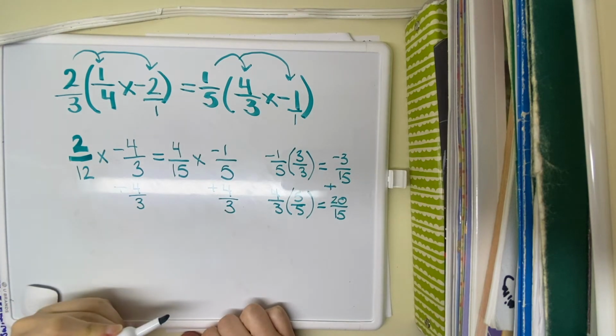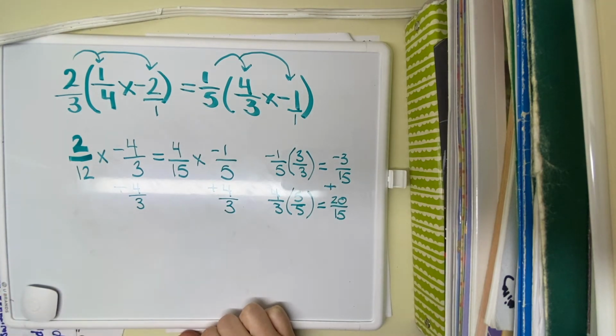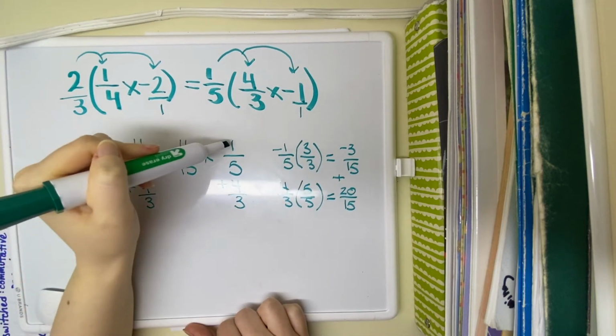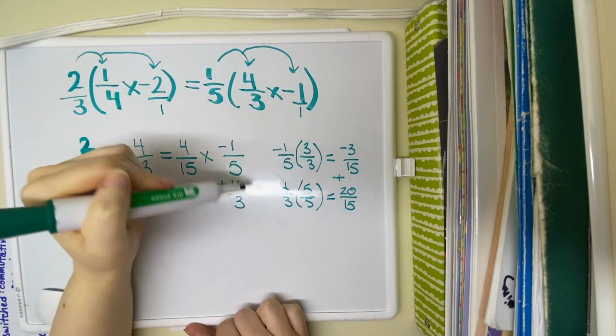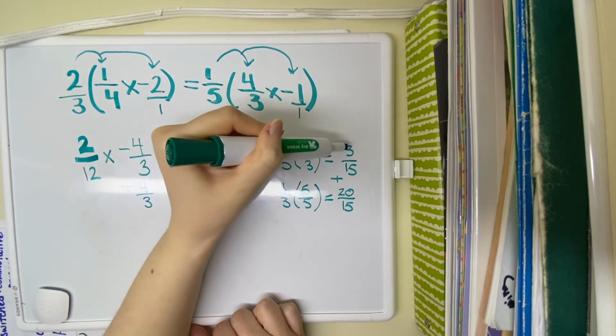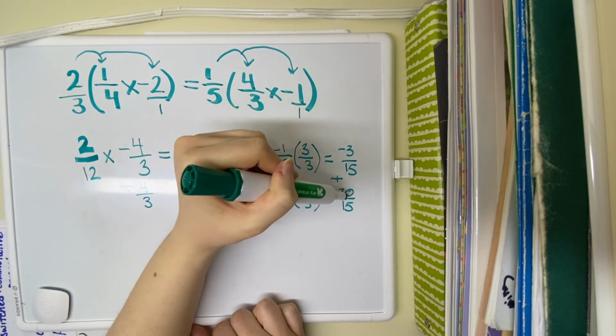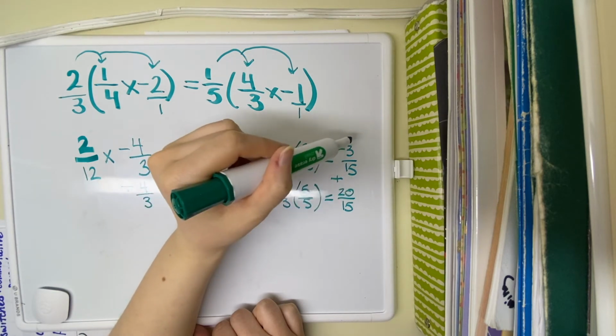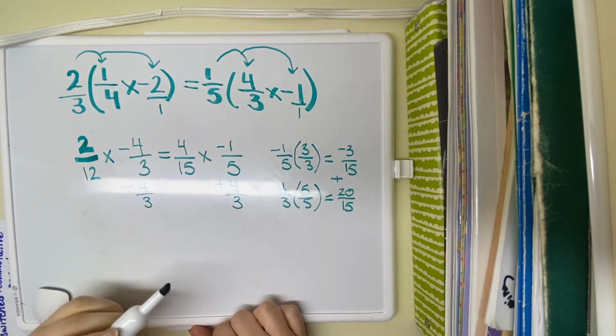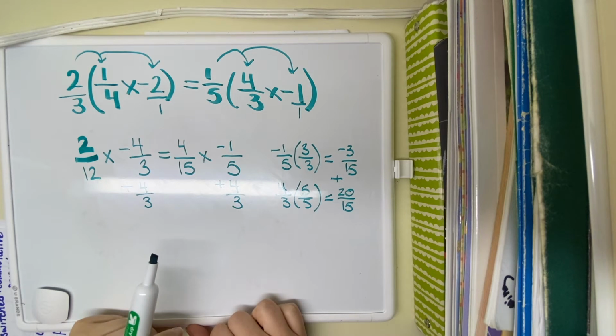From here, all I do is add or subtract the numerators. So over here I had -1 plus 4, but they had different denominators. Now I have -3 plus 20. So -3 plus 20 is basically 20 minus 3, which is 17. So 17 over 15.